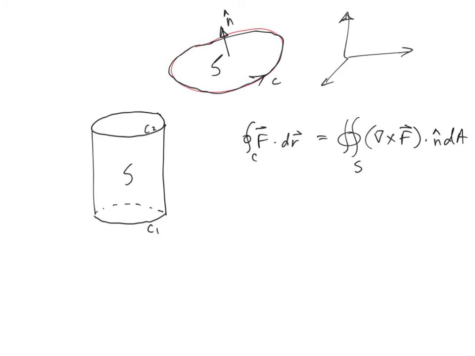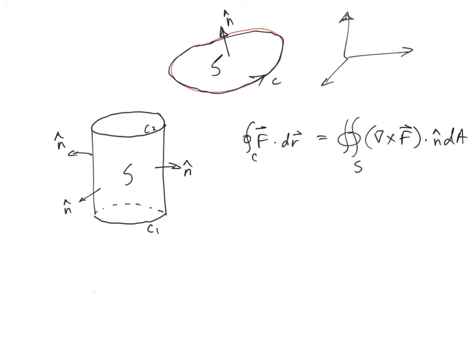So if, for instance, I choose n hat for my surface integral, S, to be like this, out, instead of in, that now constrains the directions I have to choose for C1 and C2 in order for Stokes' theorem to be correct. And my right-hand rule. So use your right hand, and you tell me which direction, let's start with C1.